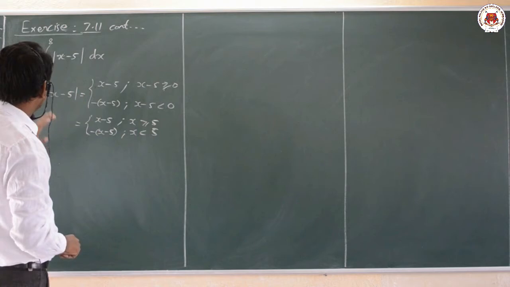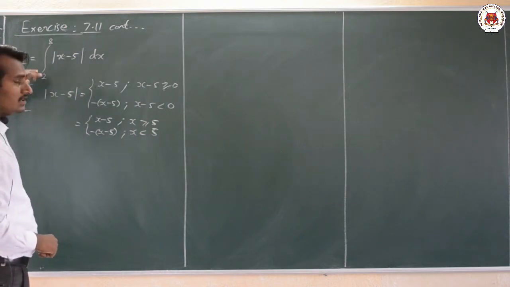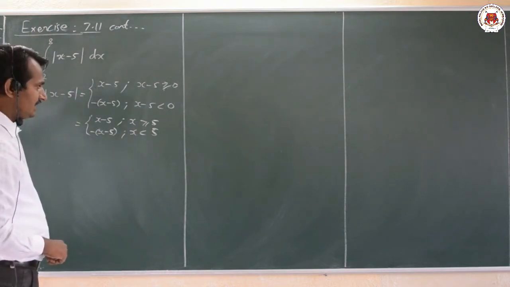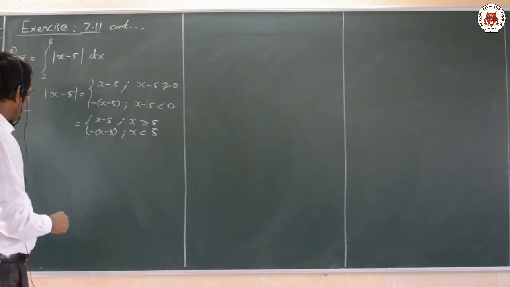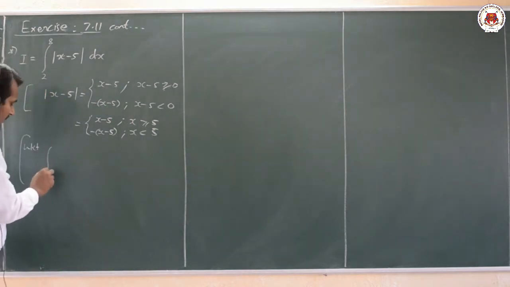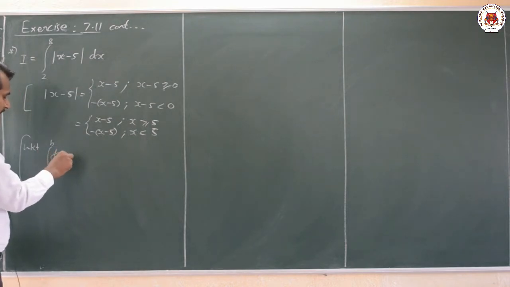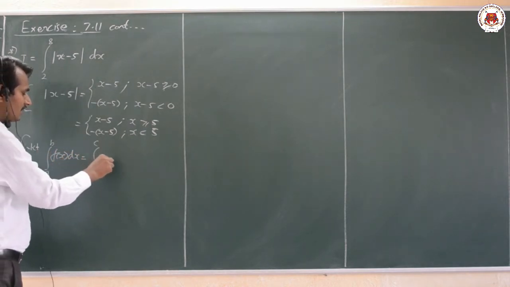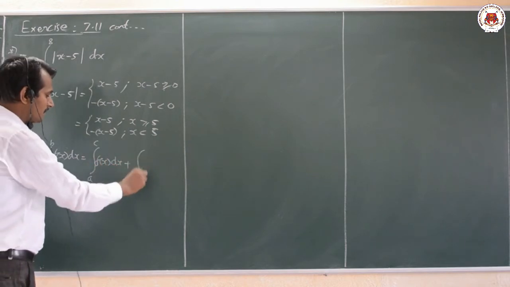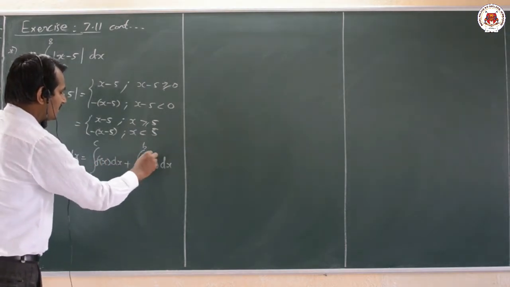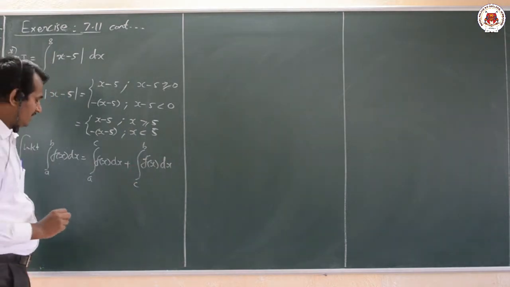So the interval 2 to 8, I can divide into 2 to 5 and 5 to 8. We know that the integral from a to b of f of x dx equals the integral from a to c of f of x dx plus the integral from c to b of f of x dx. This particular property we can make use of here.